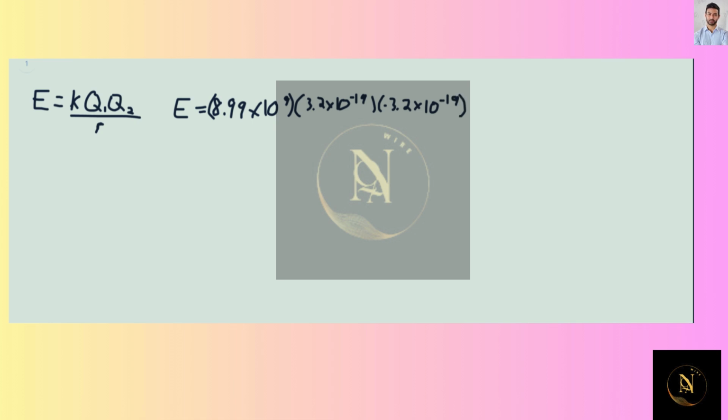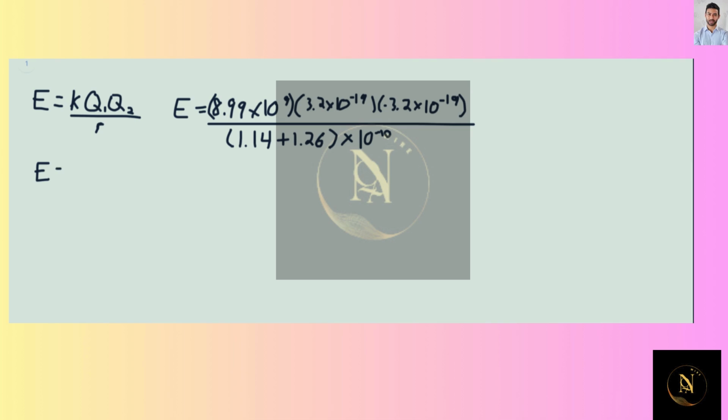And our R is going to be the sum of our calcium and our oxygen radii, 1.14 plus 1.26, and these are in angstroms, so we're going to convert them to meters.